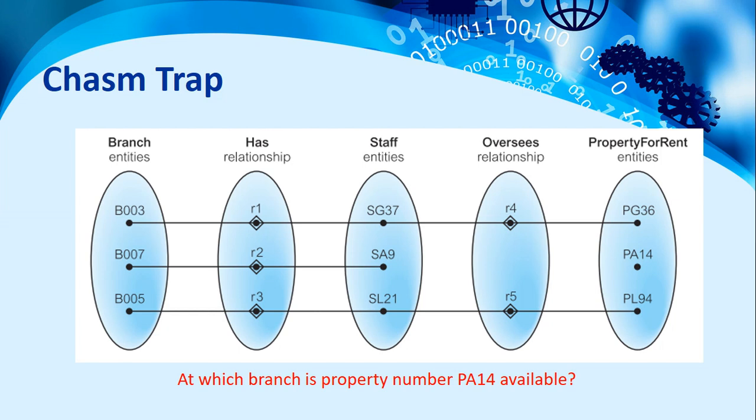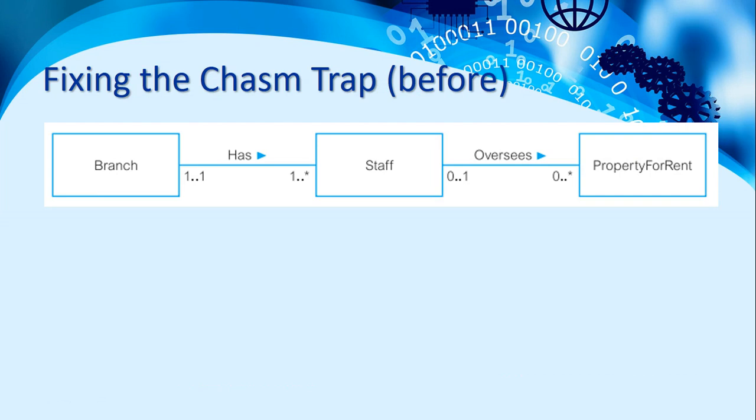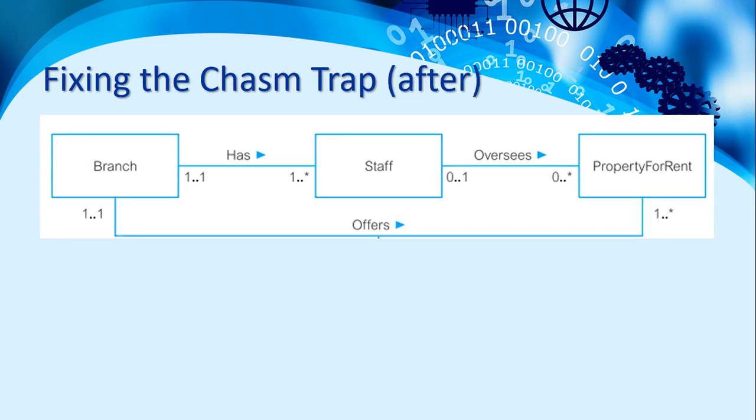Okay, so I guess if I assume that you already have an idea, I will reveal the answer. So this is how you are going to solve the fixing of the chasm trap. So ito yung before, and this is the solution after. Okay, so therefore, to solve this problem, we need to identify the missing relationship.